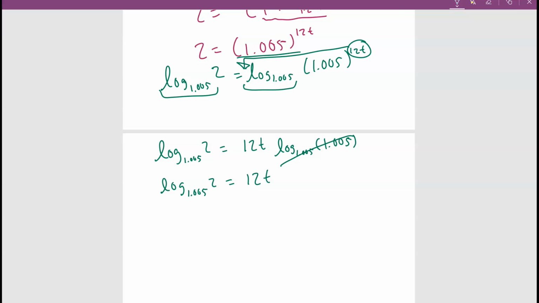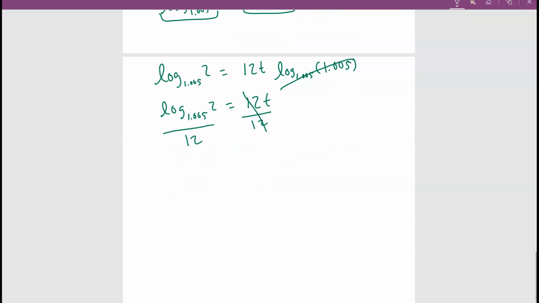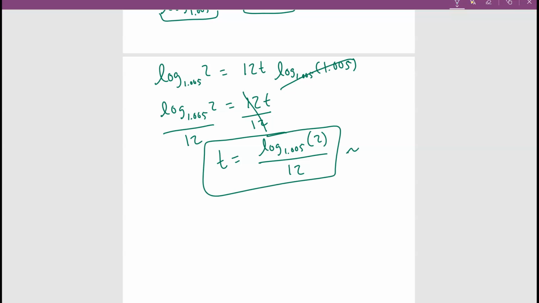All right, now all I have to do is divide by 12 to figure out what the value of t is. So t is going to be equal to log base 1.005 of 2 divided by 12. That is my exact answer, but if you really want to know what the time is, we have to just put it in the calculator.